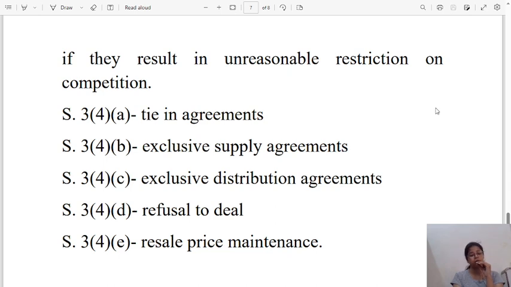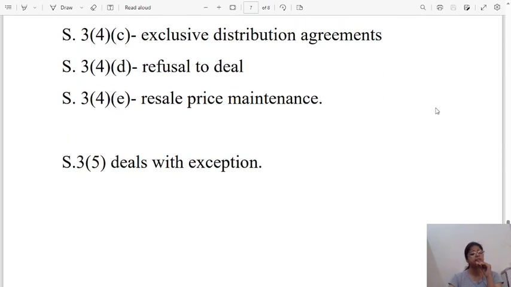So this could include fixing the maximum price, fixing the minimum price, or fixing a particular price. So B is restricted from deciding the price of the particular product and further selling it. This was section number 3, clause 4.